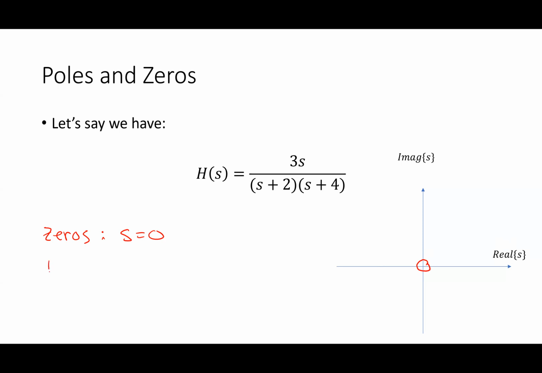Where are the poles? Basically, wherever S plus 2 equal to 0 would be a problem, and S plus 4 equal to 0 would be a problem. And so S equal to -2 and S equal to -4. So there's -2, there's -4.